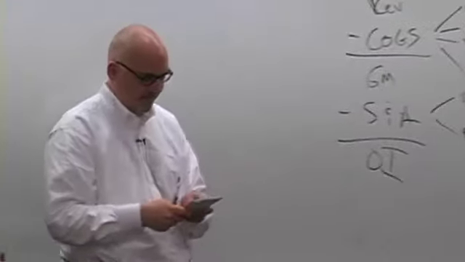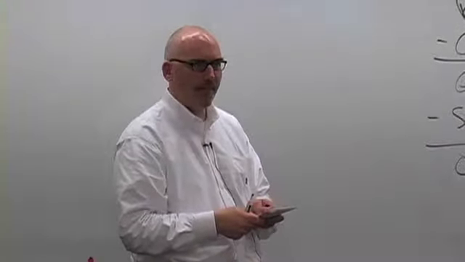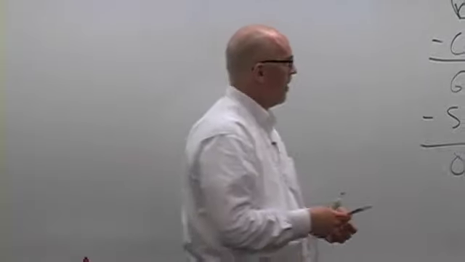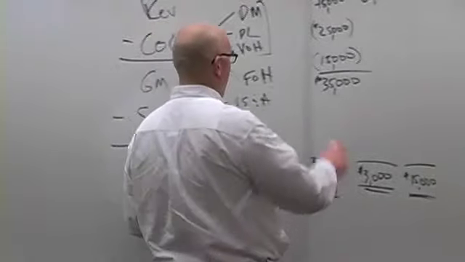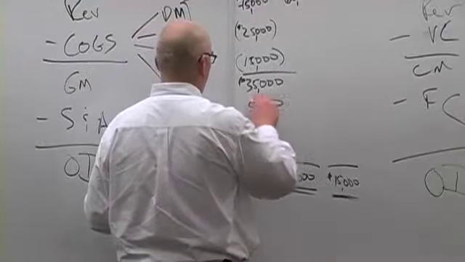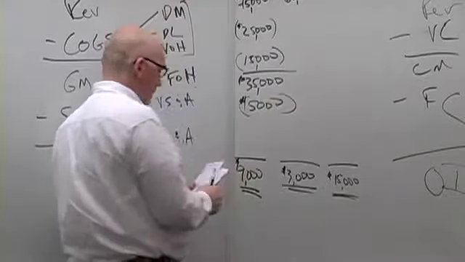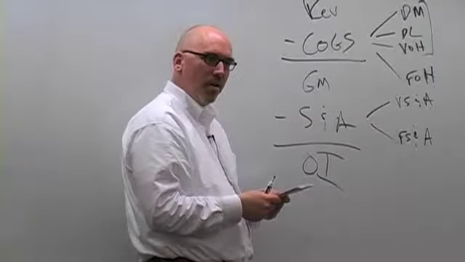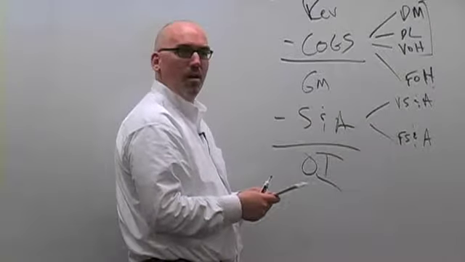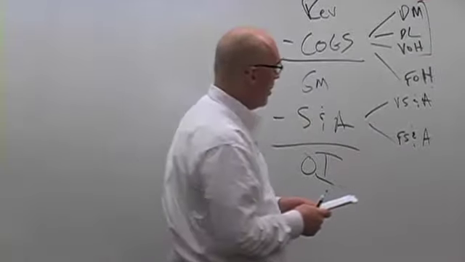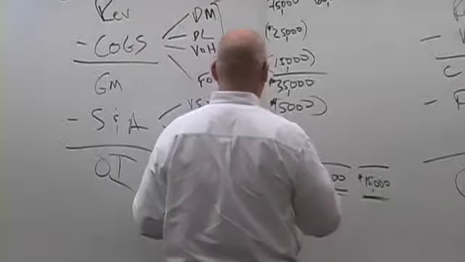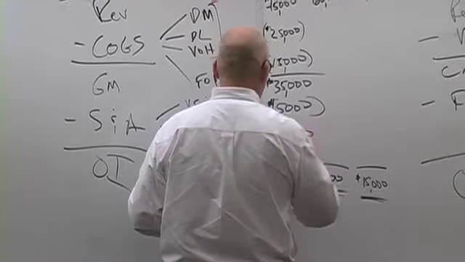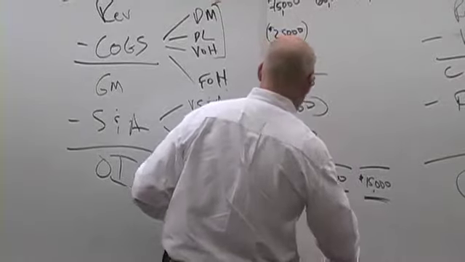Alex, 5,000 for variable selling and administrative. Christy, your fixed selling and administrative stay 21,000. Okay, 21,000, and I'm writing big here.